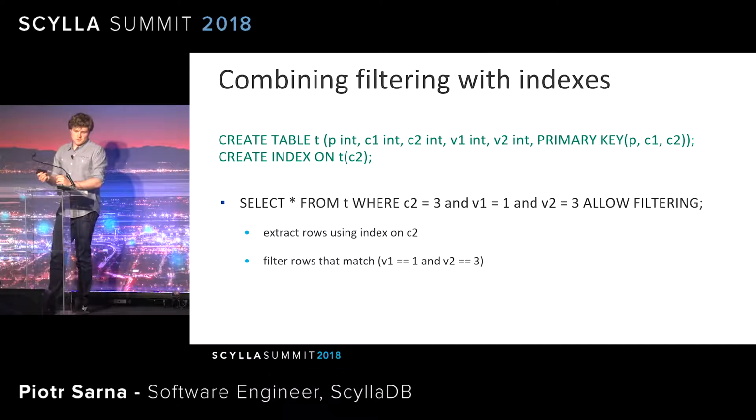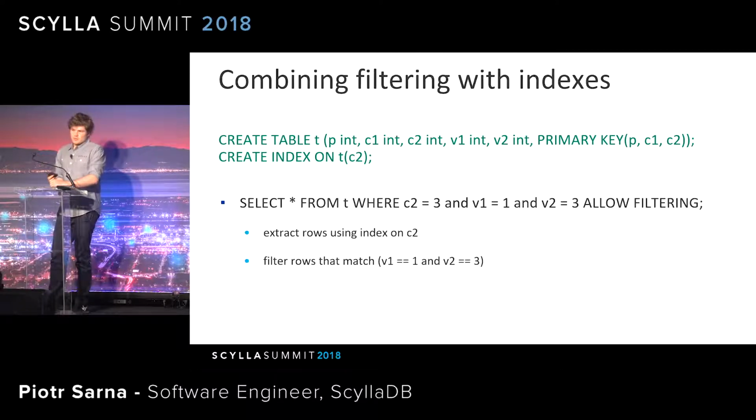First of all, we would use the index and fetch everything that matches our clustering key restriction. Only after that, on the rest of the results, we apply the rest of the restrictions. So we check if the value restrictions match or not, and if not, we drop the rows and we return what's left to the client.